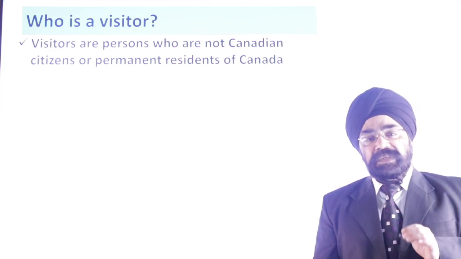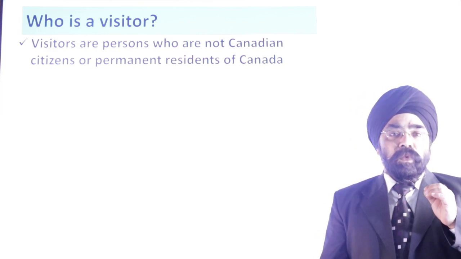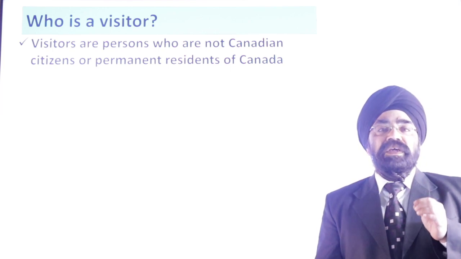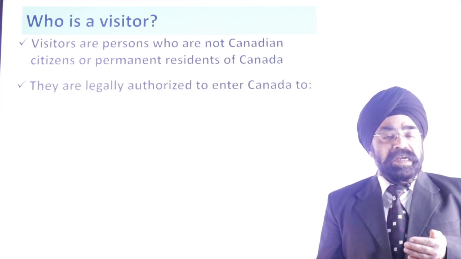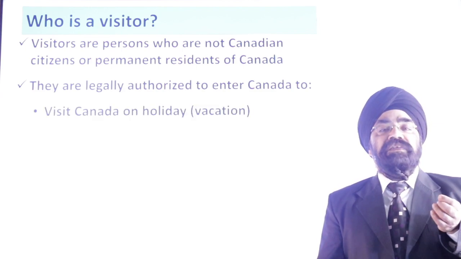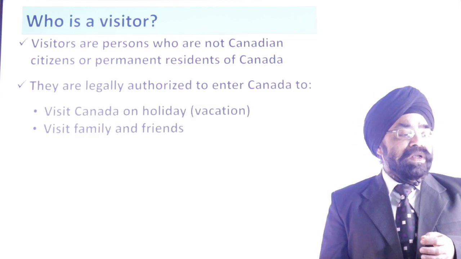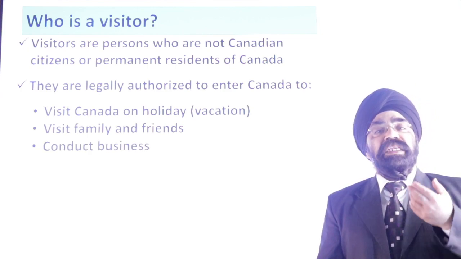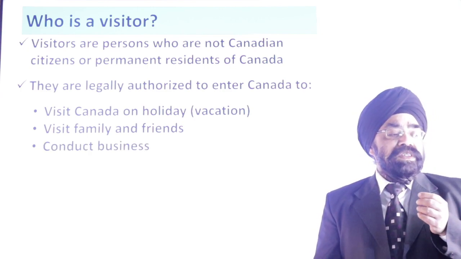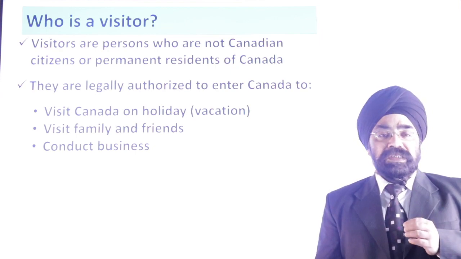Otherwise he is a visitor. They are legally authorized to enter Canada to visit on a holiday, or to visit family and friends, or to conduct any kind of business, or to attend meetings or conferences. So this is the purpose, to legally authorize them.